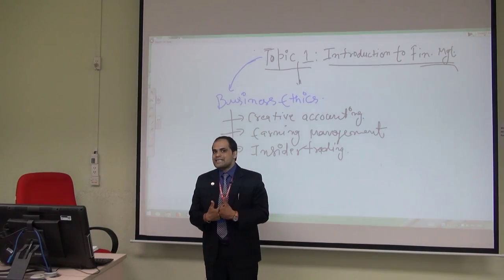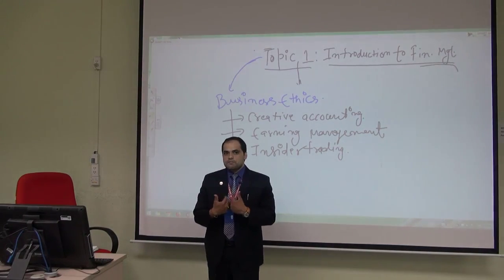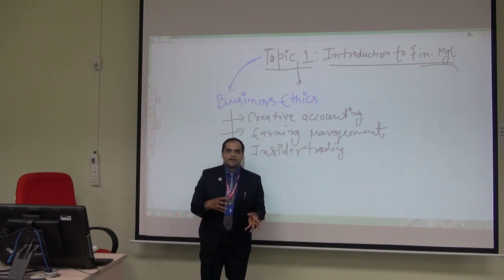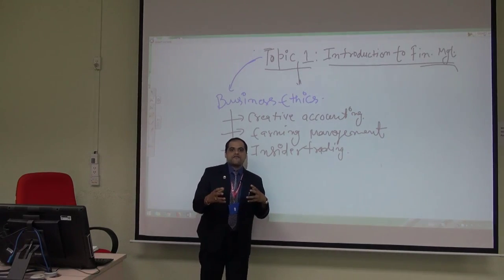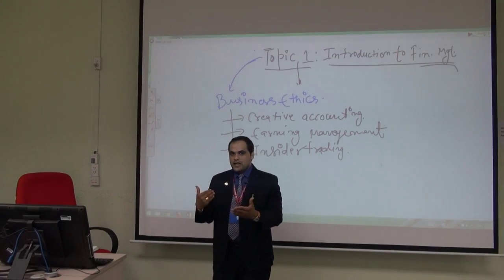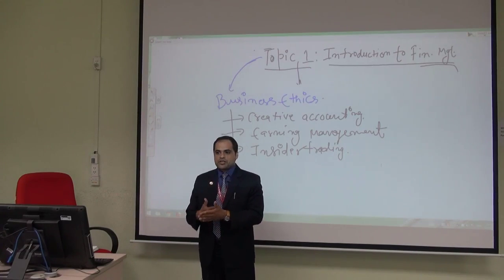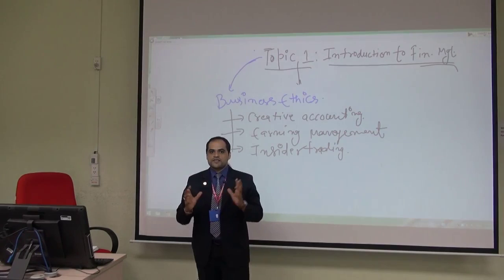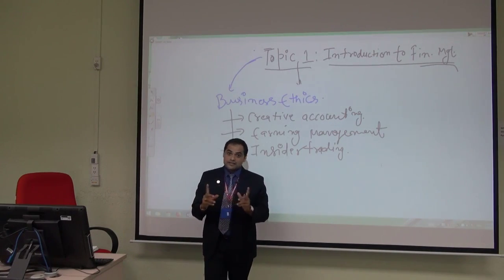Because if you are using information first before supplying it to the market, that means the information will be secondary. And of course, if information is old, that has a very negative impact on the efficiency of the market. The market is not going to be efficient if information is not fresh and not directly delivered to the people. So if the company uses it for their own personal and insider purposes and then delivers the information to the market, that's not right.